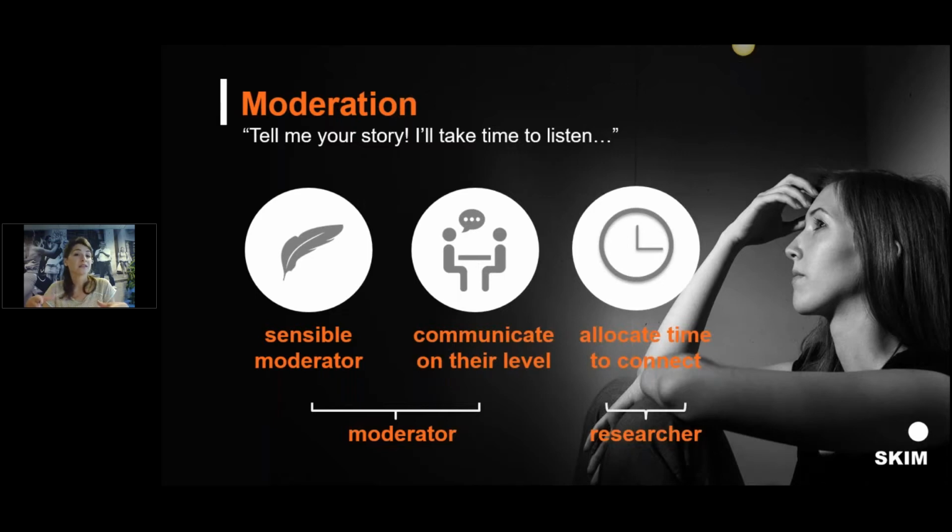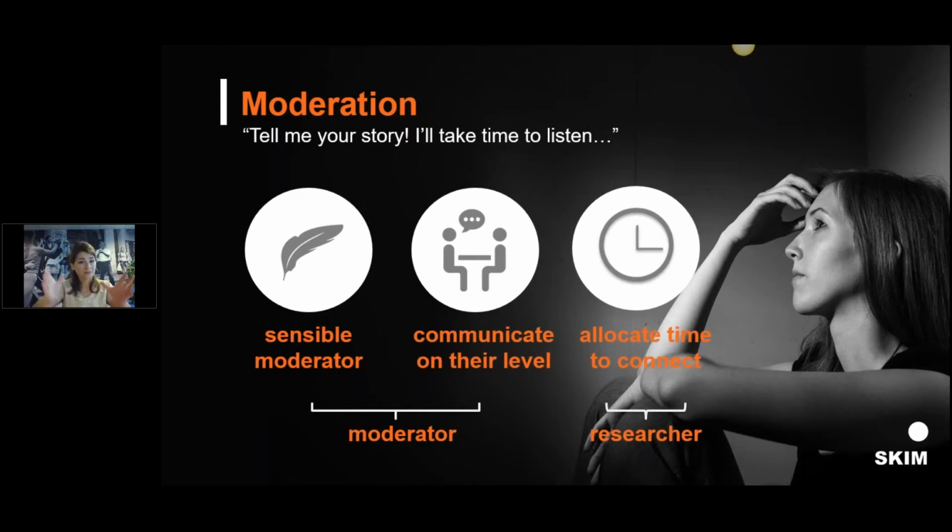And it takes a skillful moderator to create the context during the interview to access the patient story. However, if we zoom in on patient research, we have also identified that allocating the time in the discussion guide for the moderator to connect with the respondent and create a context to dig deeper and gain deeper insights is just as important as the skillful moderator is.